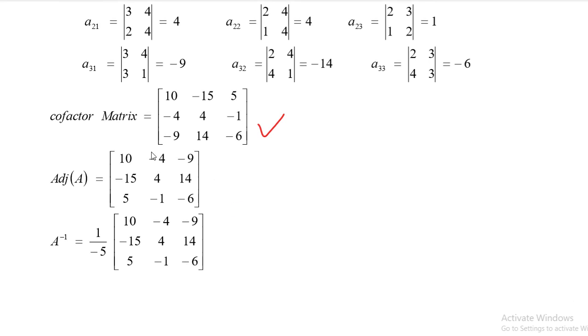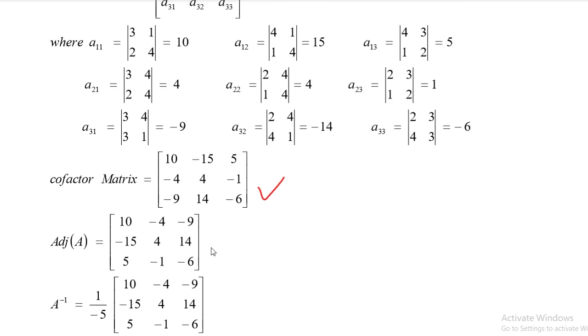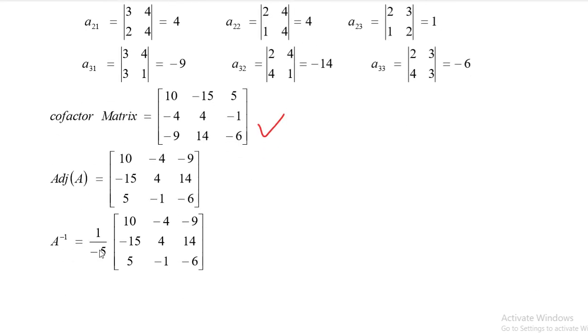Now take the transpose of the cofactor matrix. First row becomes first column, second row becomes second column, third row becomes third column. That's the transpose. So this is my adjoint. After getting this adjoint matrix, I just divide by the determinant of A. If you divide this matrix by the determinant of A, you get the inverse.